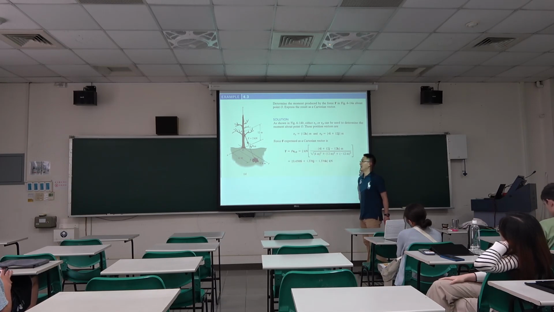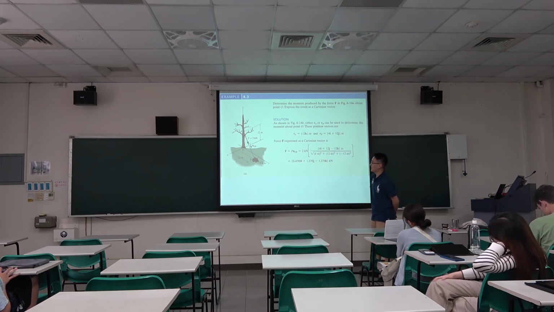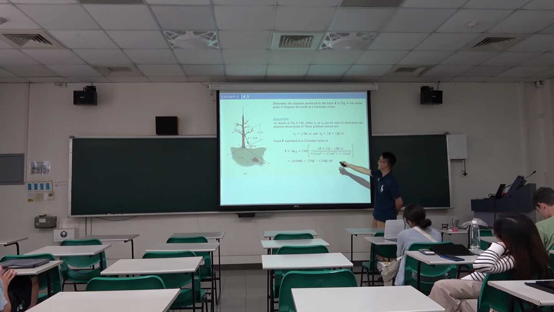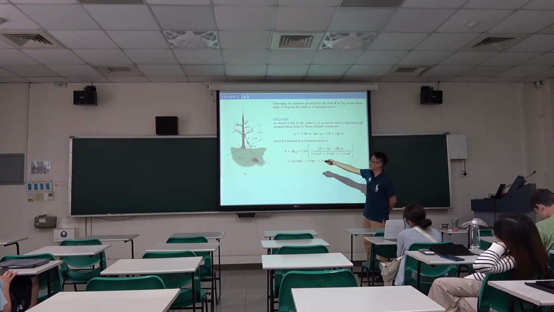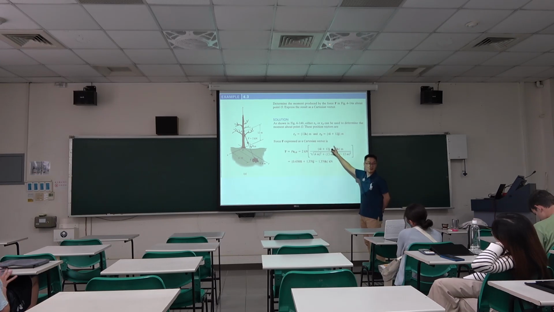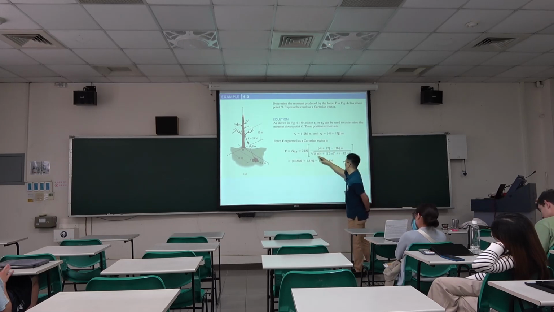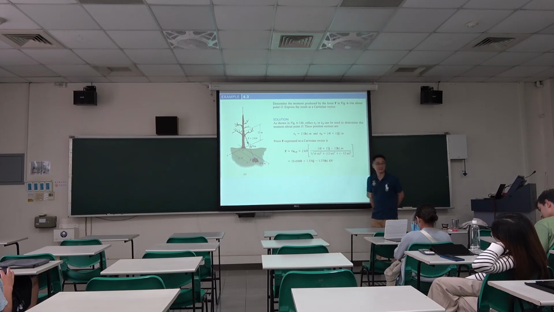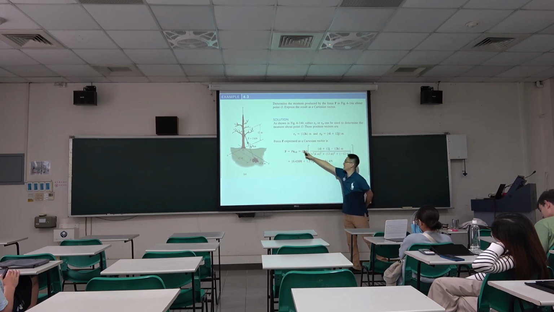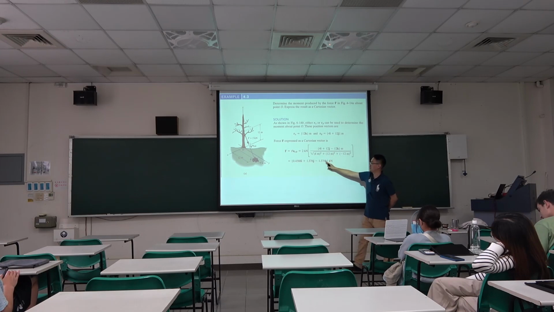Then the Y component, B is 12, A is 0, so it's 12. Then the Z component, B is 0, A is 12, so it is negative. Then the unit vector calculation. This part is the unit vector. So the force magnitude times the unit vector becomes the force vector.